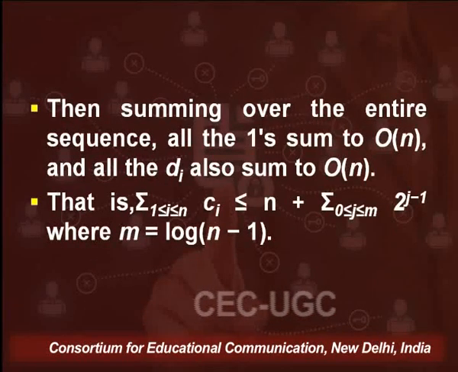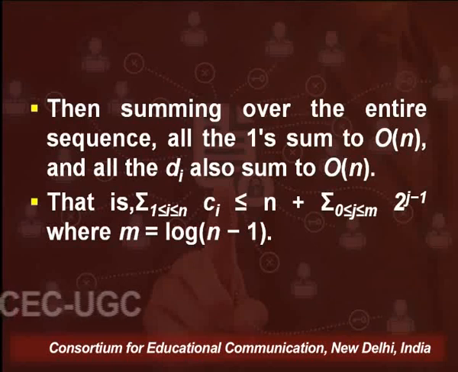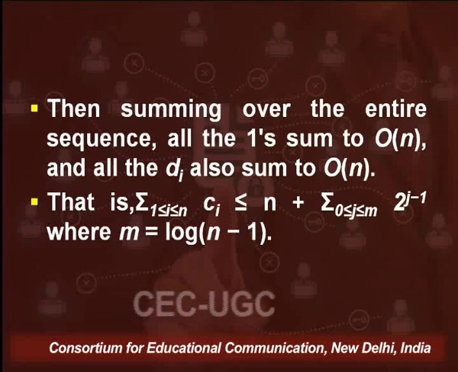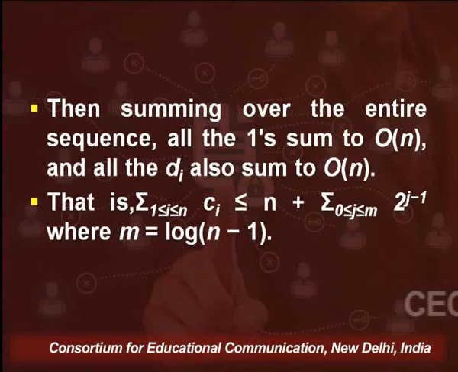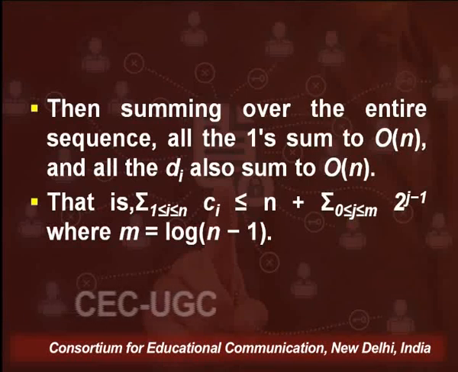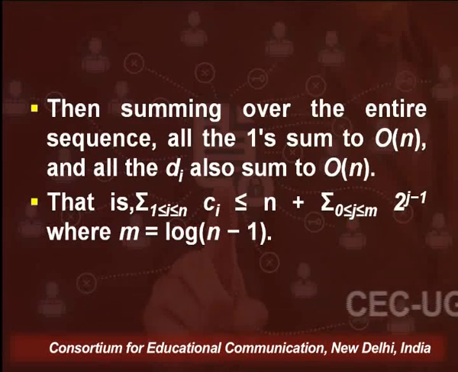And what are we going to do? We need to sum this whole thing over the entire sequence. So in order to sum this over the entire sequence, we need to take the two terms separately.